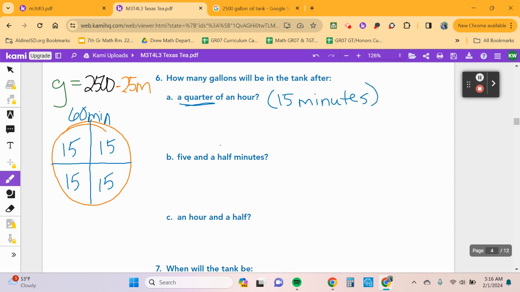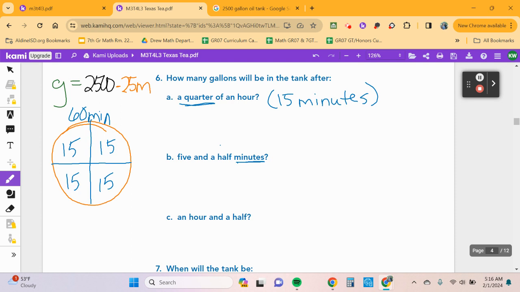For 6B, it's already in minutes, so I don't have to change anything. I can just simply write 5.5. So how would you write that? You can write it in decimal form or fraction form, however you feel. Now 6C is an hour and a half.